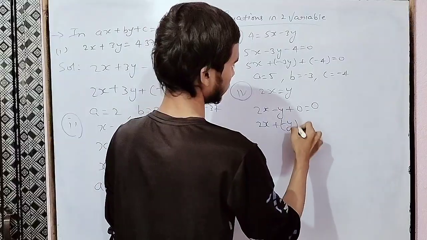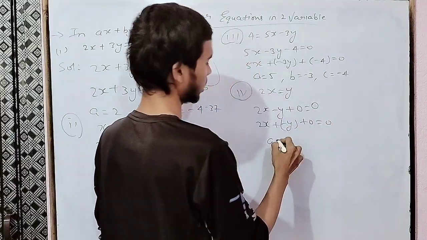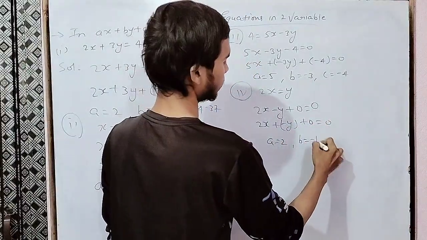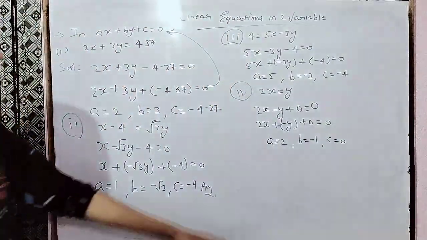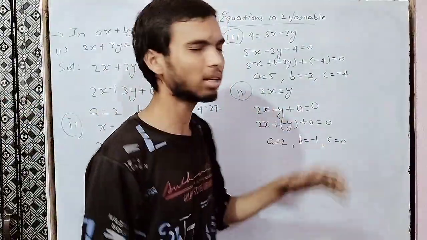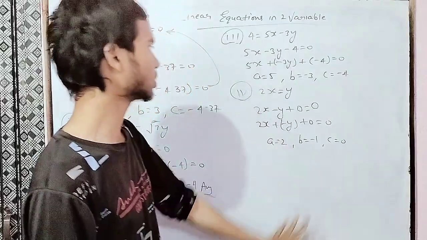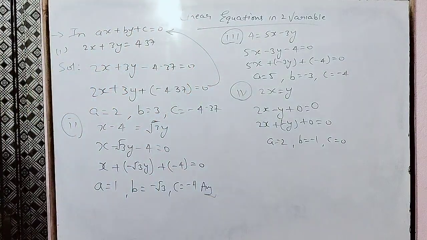So minus 1 plus 0. Now A is 2, B is minus 1, and C is 0. It seemed difficult, but it is not. You have to observe carefully what can be done.